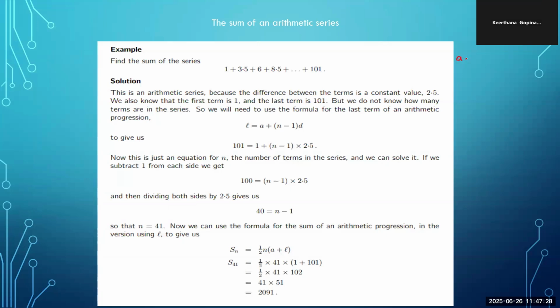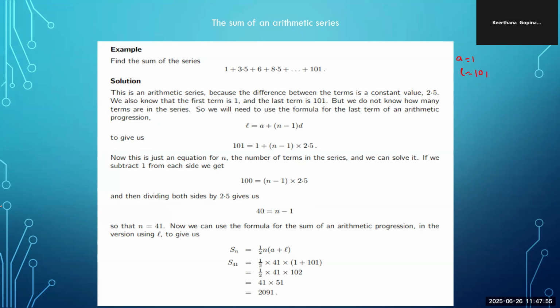So use the formula: a equal to 1, L equal to 101. N, sir? How many terms are in this, you're asking? You have to find it.